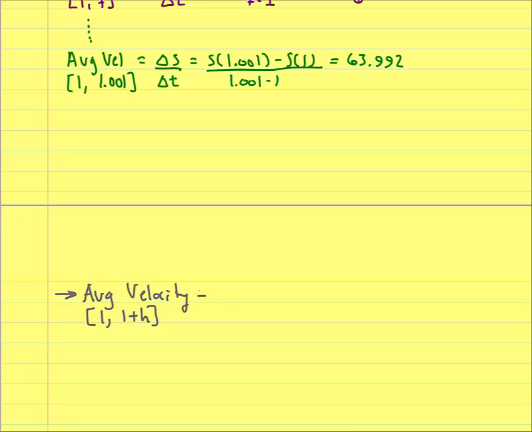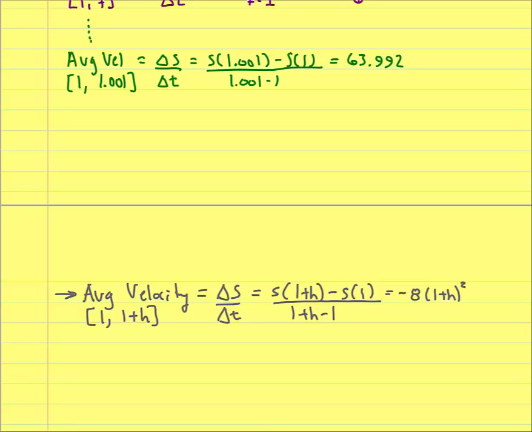So the way this plays out then is the change in position over the change in time. Change in position would be s of 1 plus h minus s of 1 all over 1 plus h minus 1. Okay, so when I plug this in, this ends up looking like negative 8 times 1 plus h quantity squared. And then from here I can also plug in the next value.